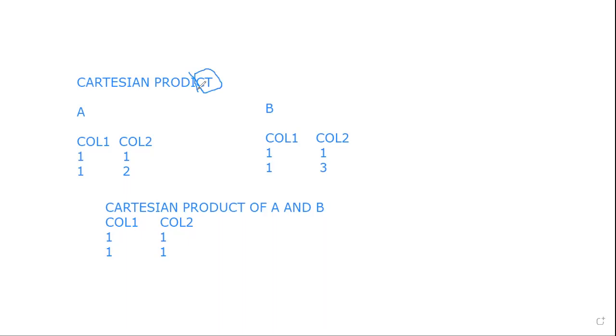So we have an idea now about the set operations. The first one is union. It will display both table tuples and remove duplicates.